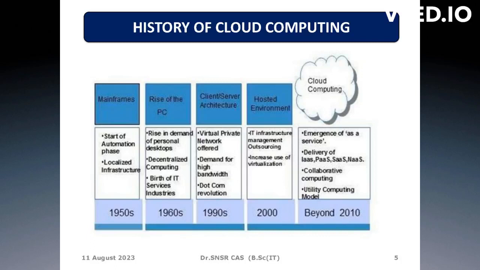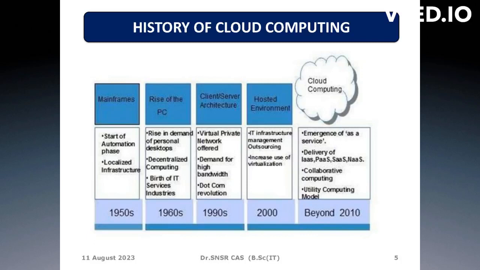Initially it was mainframes, that is small localized infrastructure, where individual computers used to run and nodes worked independently. Then came the rise of PCs, a rise in demand for personal desktops. So decentralized computing, the birth of the IT service industry in the 1960s.